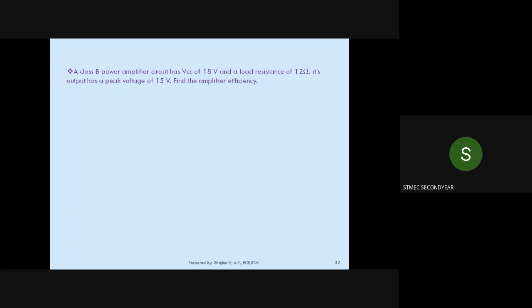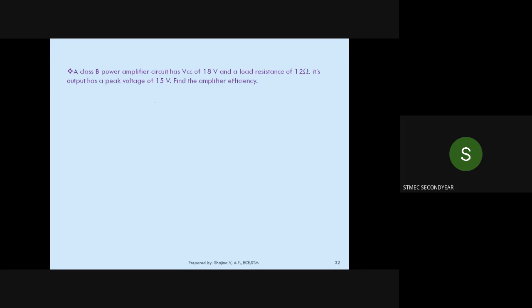And its output has a peak voltage of 15 volt. Find the amplifier efficiency.